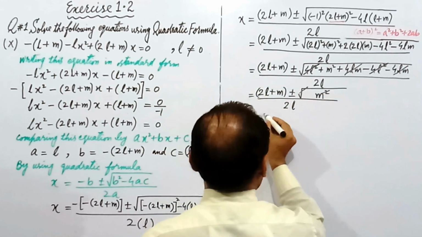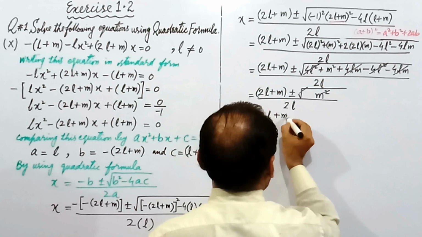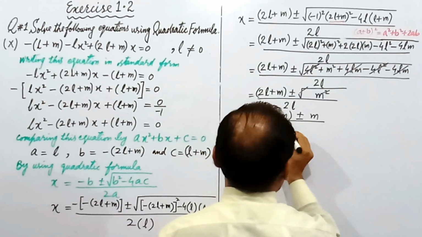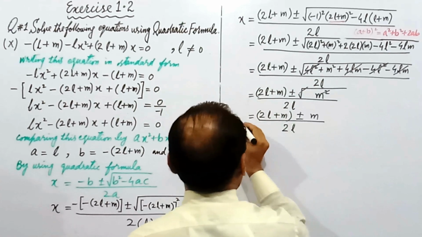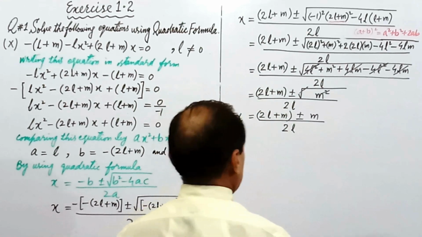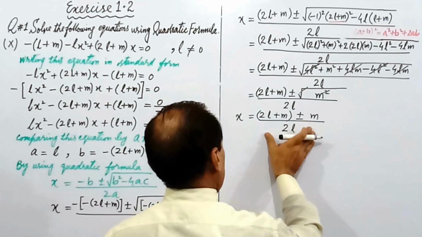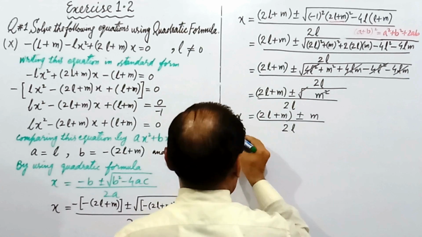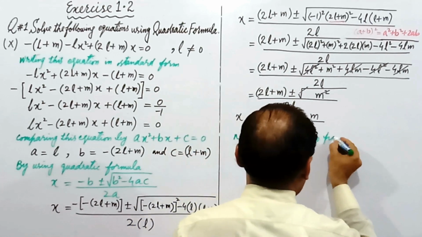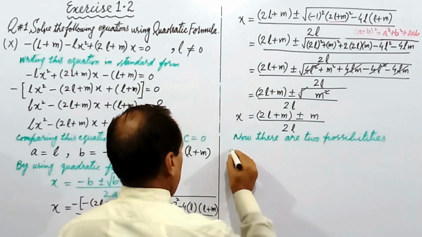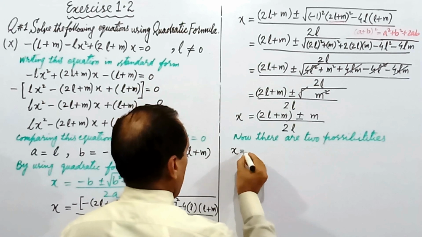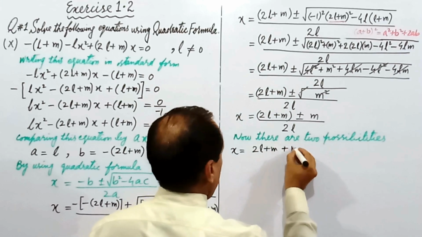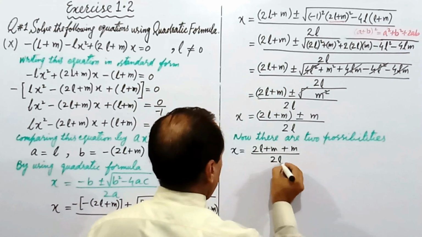We have 2L plus m plus minus m whole divided by 2L on the right hand side, and on the left hand side we carry x. As we have a rational fraction, we have two possibilities to find the two distinct solutions. The first possibility is x is equal to (2L plus m plus m) whole divided by 2L.